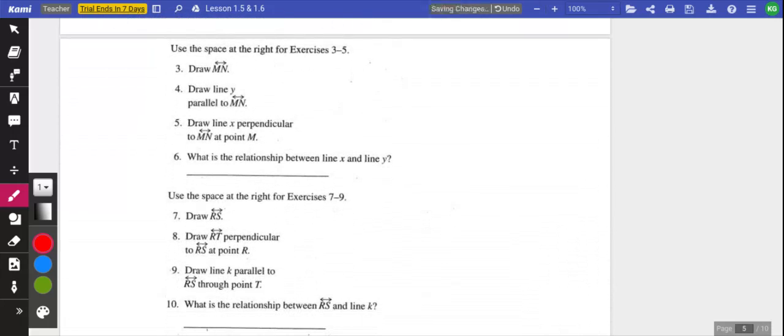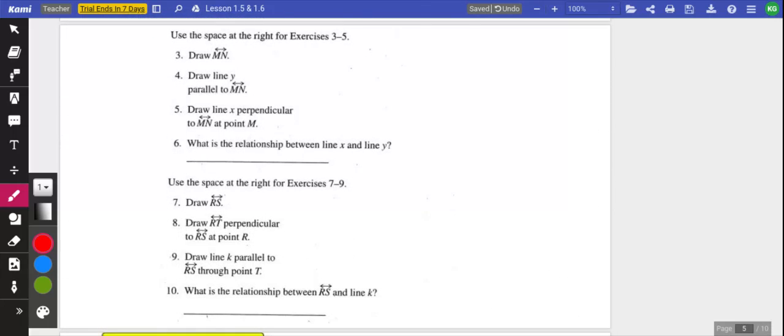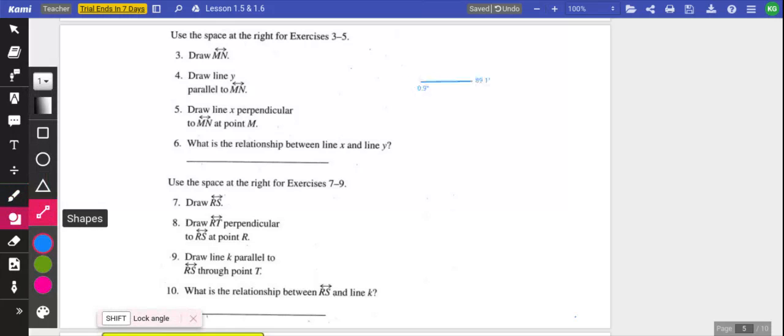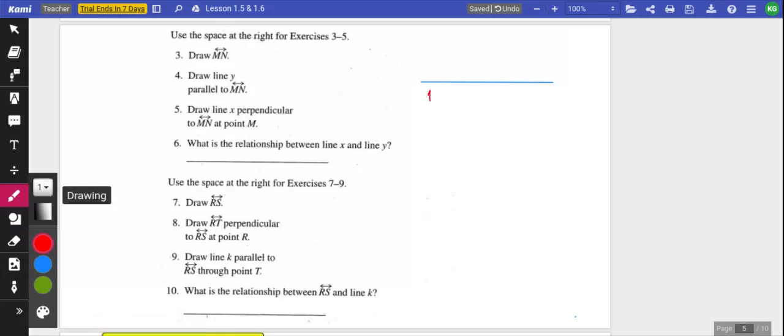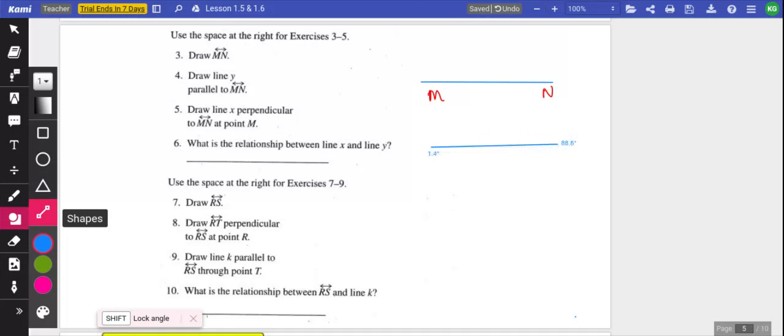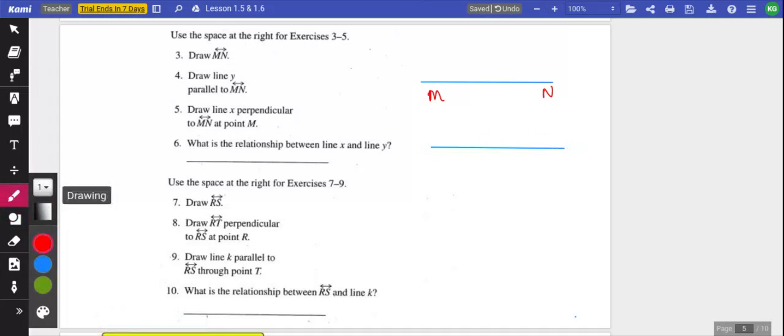Use the space at the right for exercises 3 through 5. Draw a line MN. Draw a line Y parallel to MN. I knew that was going to happen.